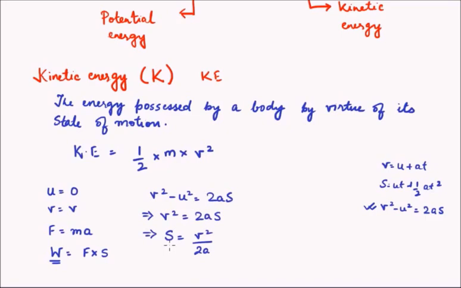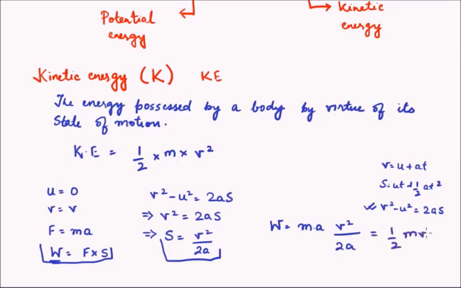Now we have the distance covered by the body when it increases the speed from 0 to v, and we know that the force is mass times acceleration. Therefore, we can combine the two and say that the work is equal to force, which is mass times acceleration, times s, which is v squared by 2a, and this gives us half m v squared.